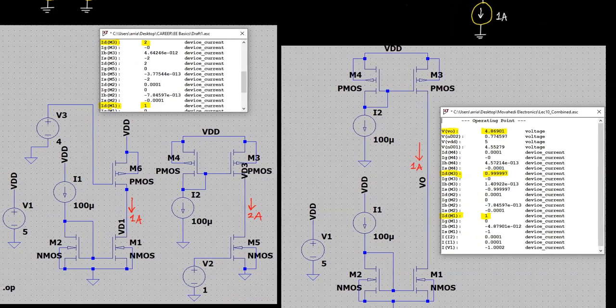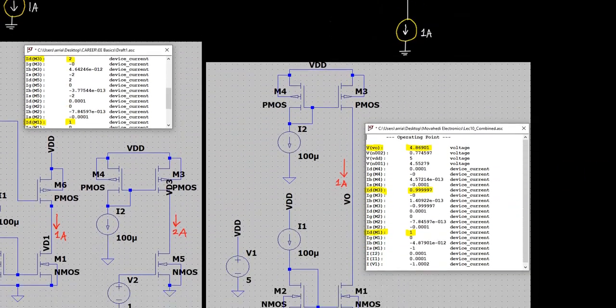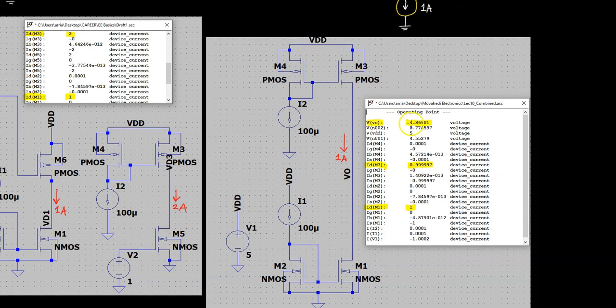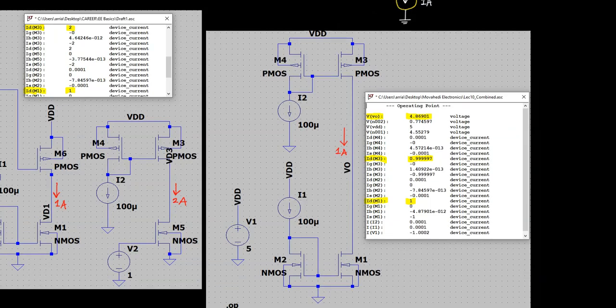So if I actually connect these two together as shown above, the 1 amp and the 2 amp source, what would actually happen is that it will collapse down to one of these currents. So in this case the 1 amp source dominates, and the transistor of the other current source, in this case the 2 amp source, goes out of saturation.